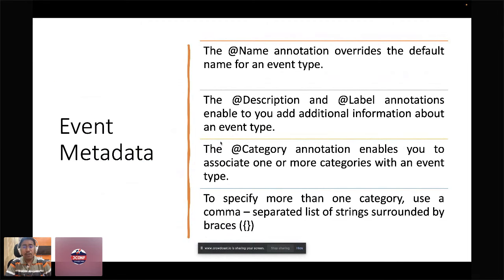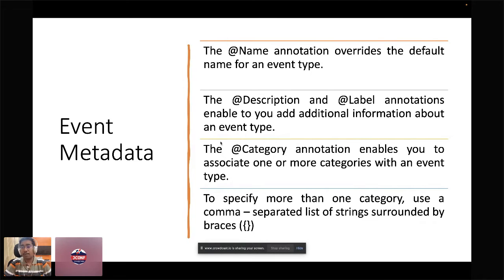Now, moving on to the next slide, I talked about certain annotations, and these are nothing but metadata, you can say. So how do you provide more information about the events? This is done using annotations. You can see there are a lot of annotations like description and label, which help you give additional information about the event. There's also an annotation called category, which enables you to associate one or more categories with an event.